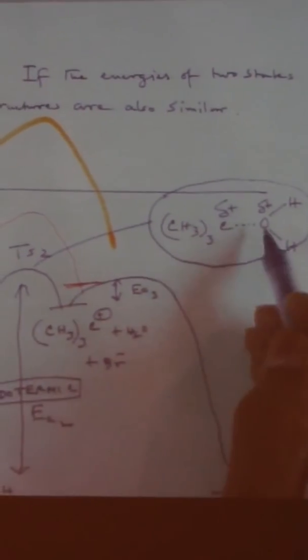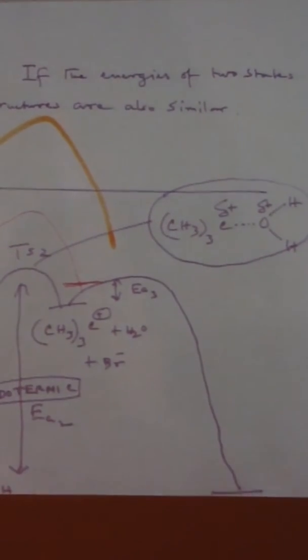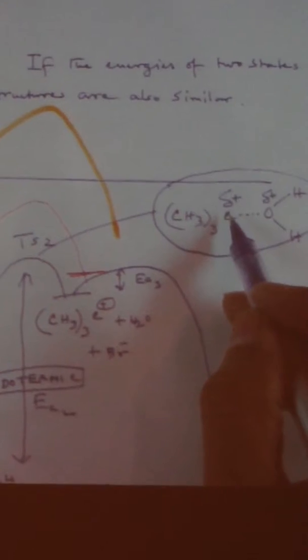So this intermediate structure, which is the transition structure at this stage, would have a partial bond between the carbon and oxygen, and the positive charge is distributed between oxygen and carbon. Eventually, when it gets to the carbocation, all of this positive charge will move to this carbon, and the bond will be completely broken.